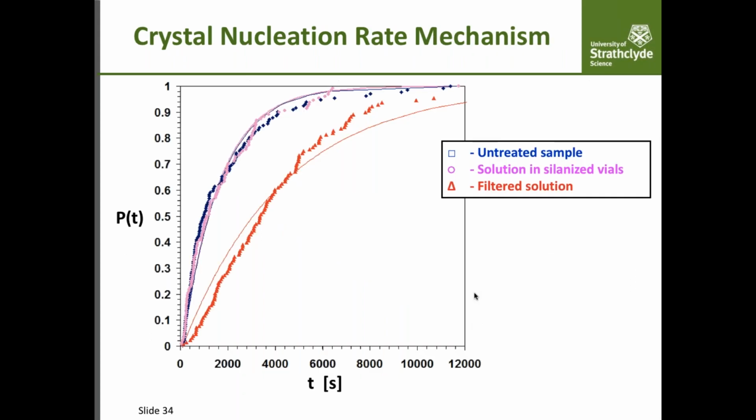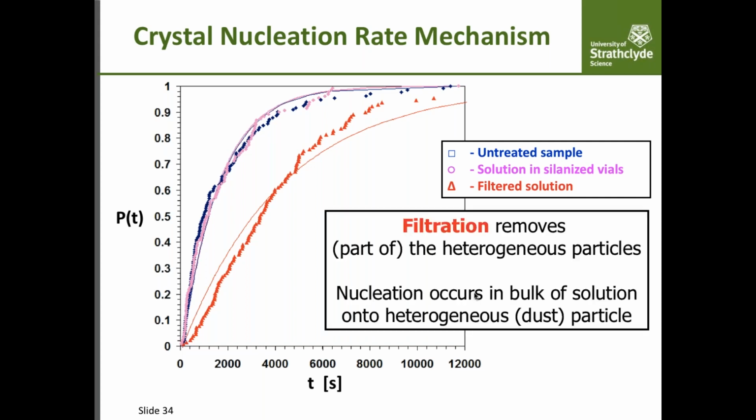So we investigated that a little bit more by investigating induction time distributions in untreated samples and filtered solutions. And you see that in the filtered solutions, the induction time probabilities are on average much lower, which means that the filtration removed certain particles from the solution, so that the heterogeneous nucleation rate is decreased.